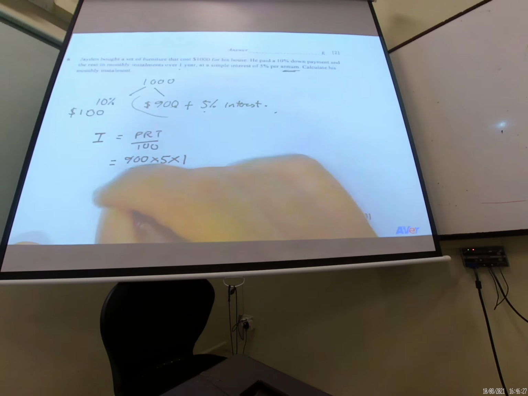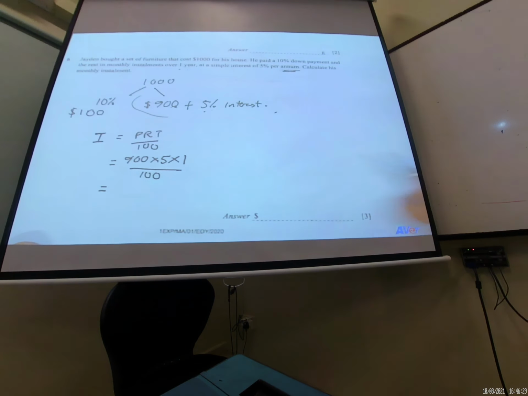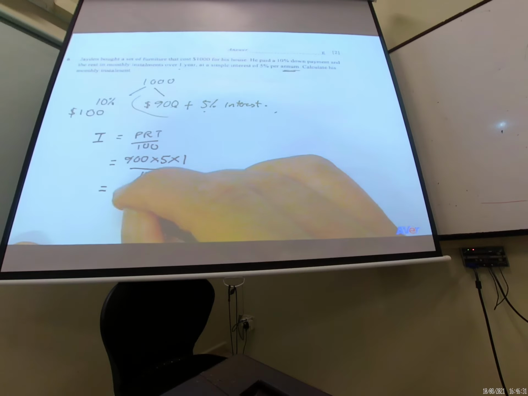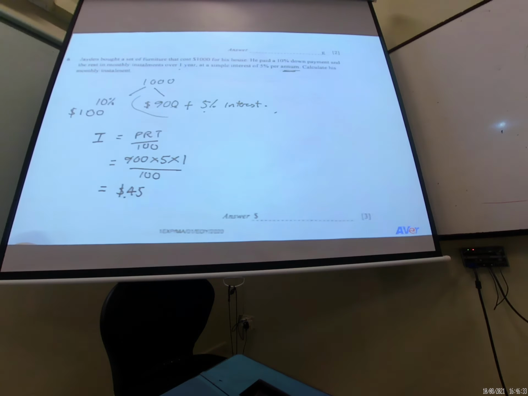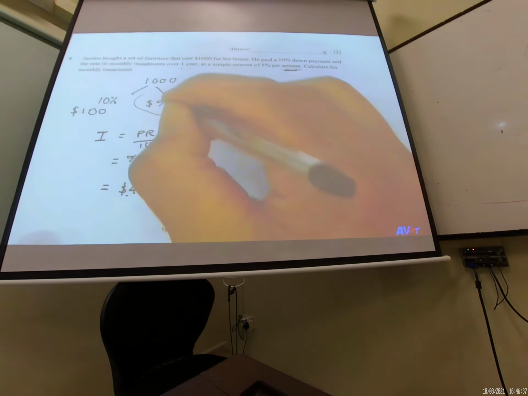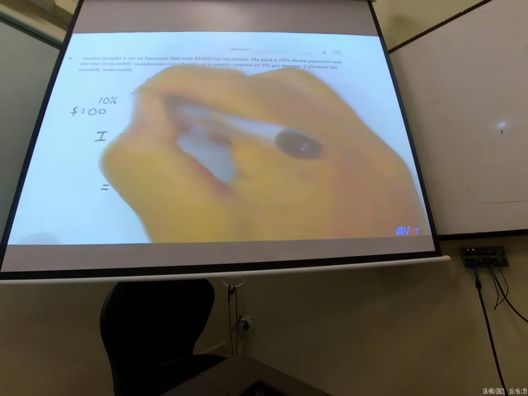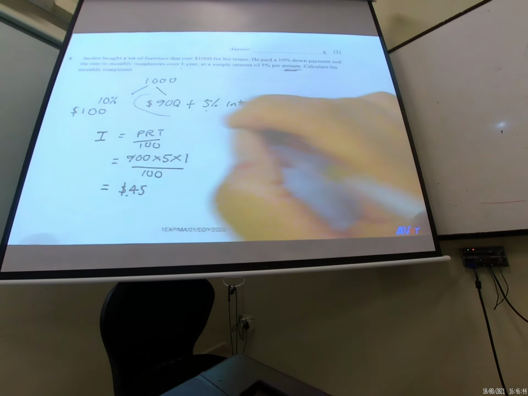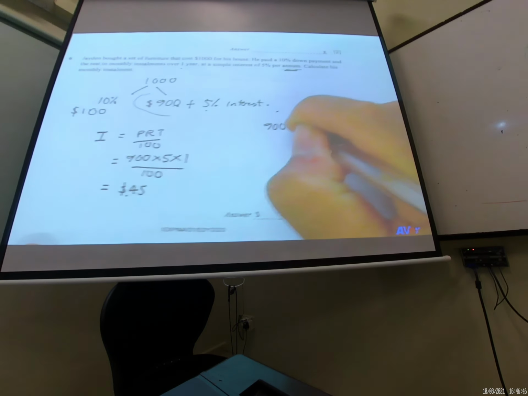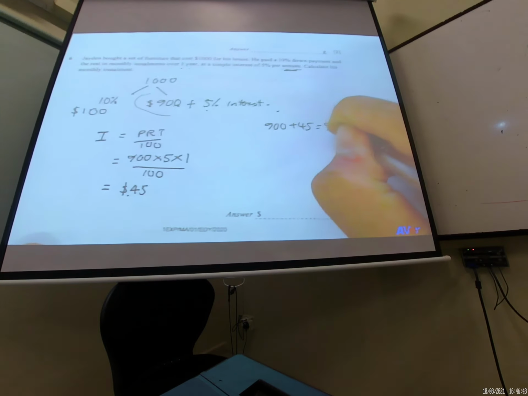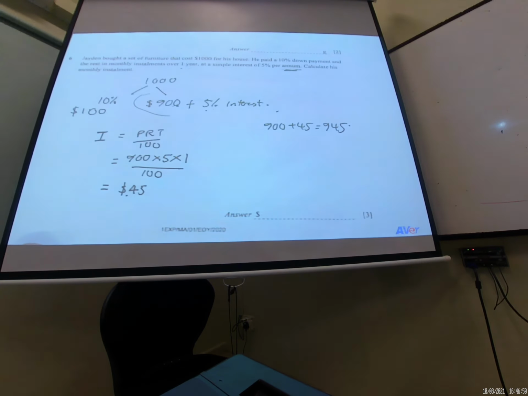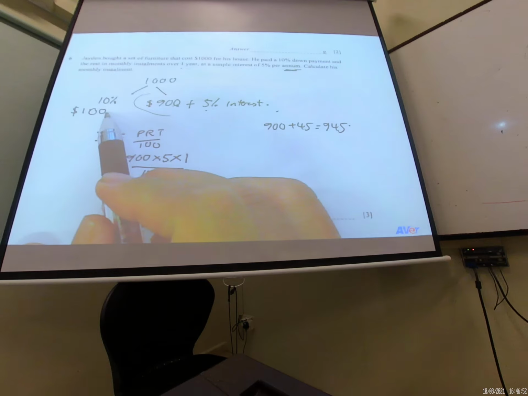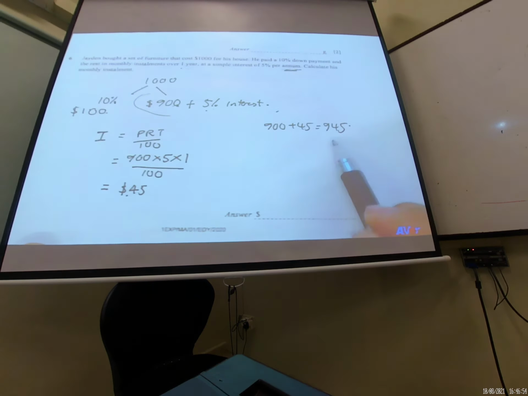So it equals $45. He needs to pay $45 for his interest. Meaning his total installment will make up 900 plus 45, which equals 945. So altogether, after he paid the 10% deposit, he needs to pay 945.